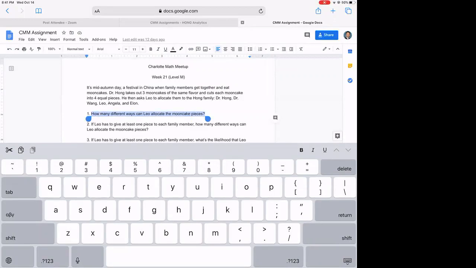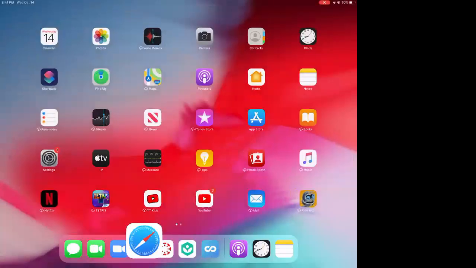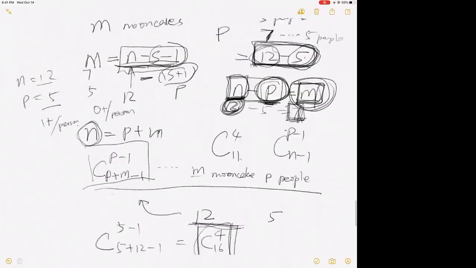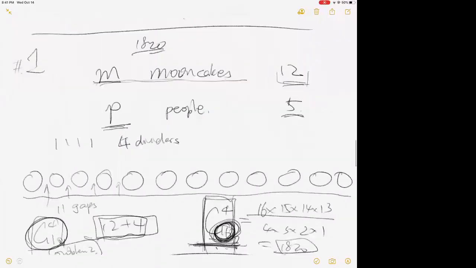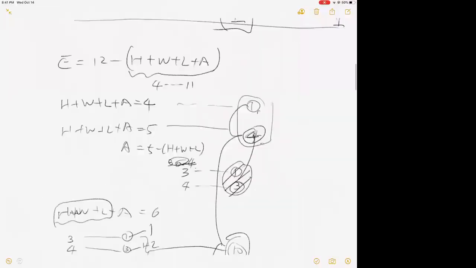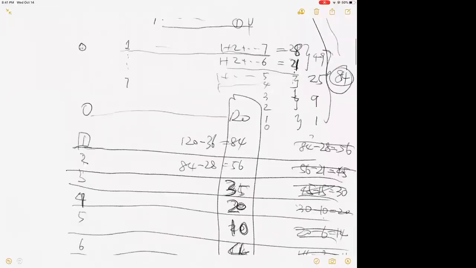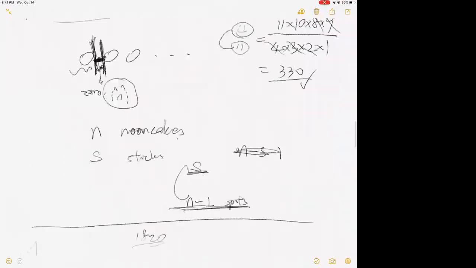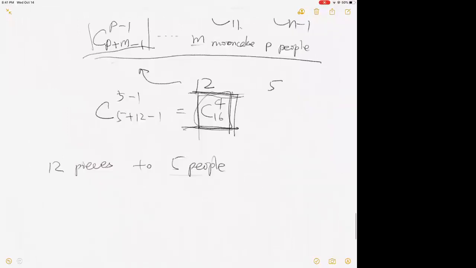So allocating that 12 is a similar analogy to allocating these 7 when you and Leo allocated these 7 mooncakes to people so that they may get 0. Now, instead of allocating 7 here, we're allocating 12 here. That's what Kyle did with the algebraic way of deriving that equation, okay?